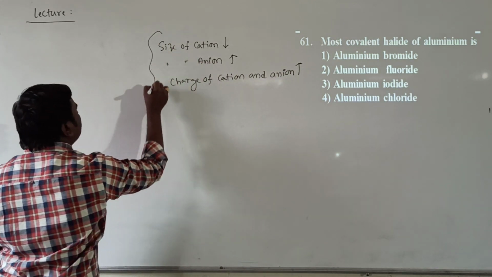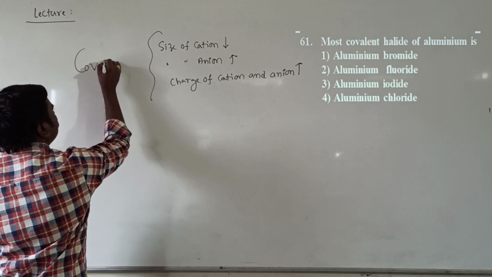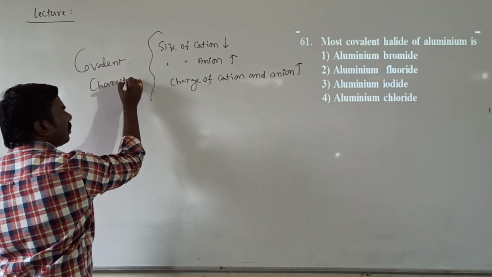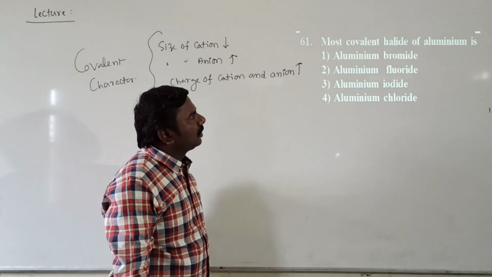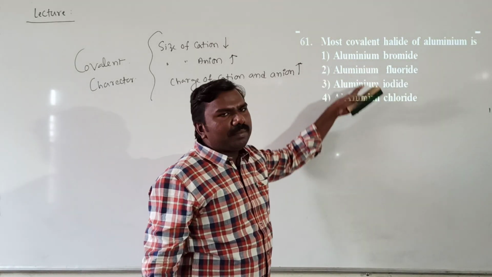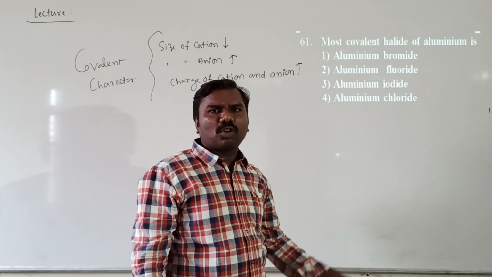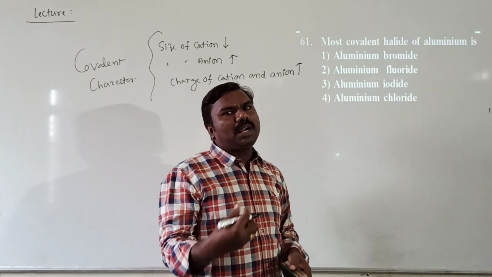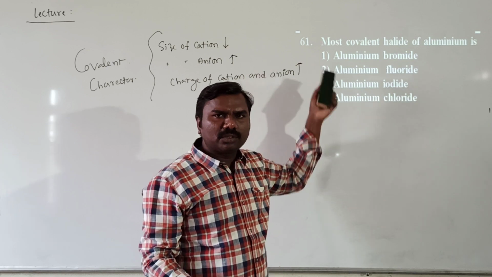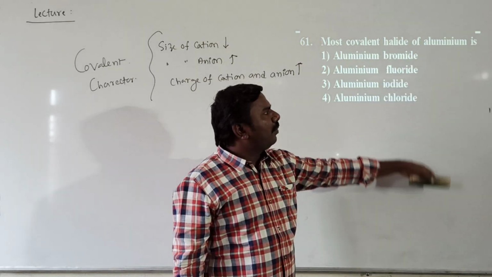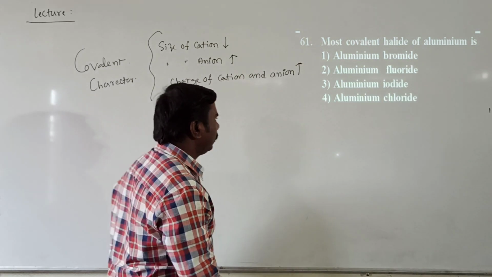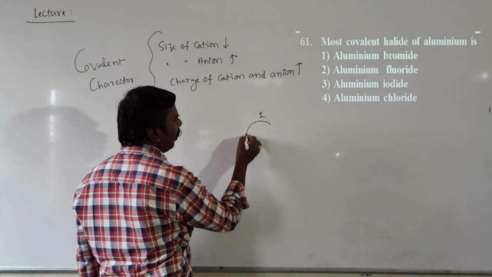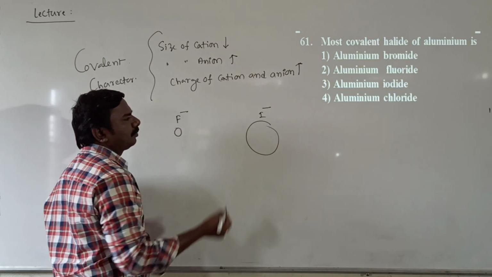Aluminium is common, Al3+ is common in all cases, so we cannot differentiate by cation size. The anions are fluorine, bromine, iodine; fluorine is small, iodine is the larger anion.